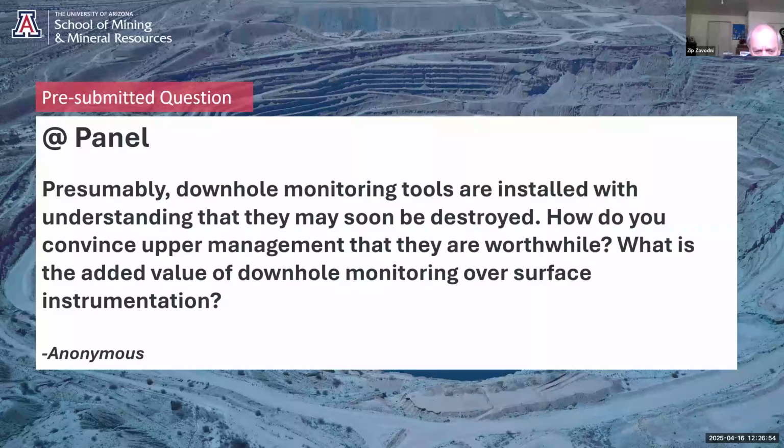Kind of to follow up a little bit more on what I said earlier, for very slow moving, large scale displacement, one can get advanced warning from the subsurface that is not necessarily reflected on the surface. I've seen this in a number of cases. So it's extremely valuable to have forewarning of an event from the subsurface data.